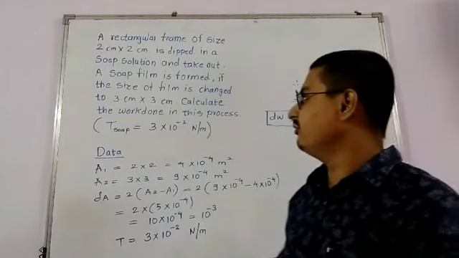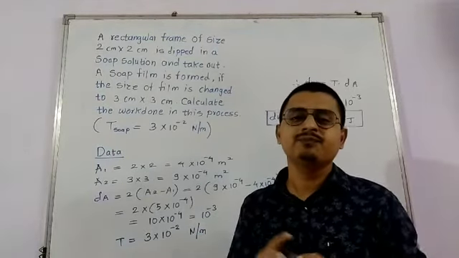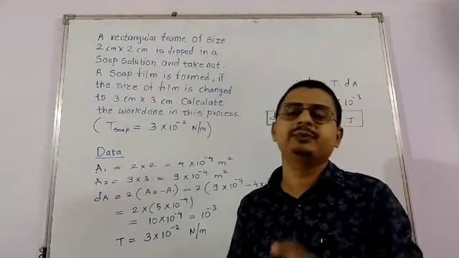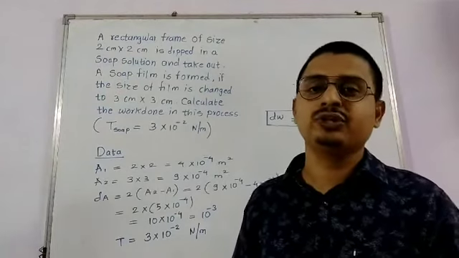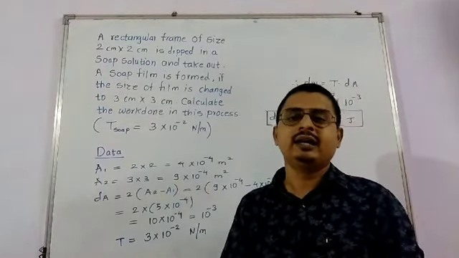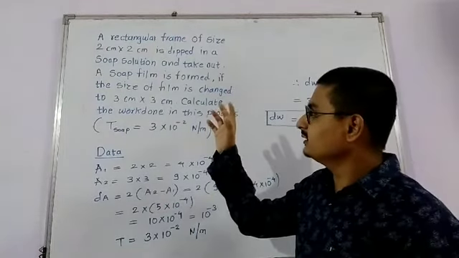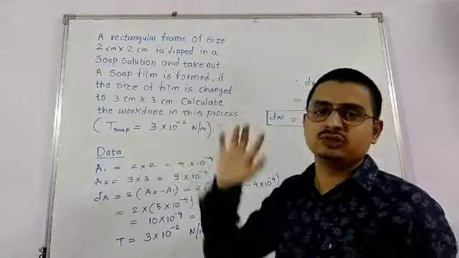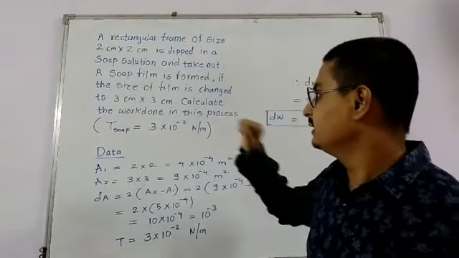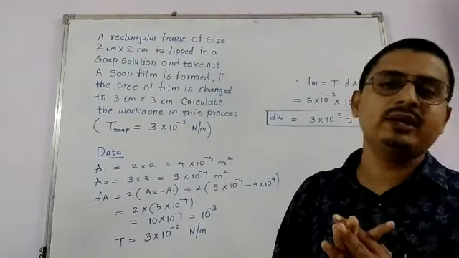If the size of the film is changed to 3 centimeter into 3 centimeter, that means when the 2 centimeter by 2 centimeter rectangular frame is dipped in the soap solution, there is an increment in the surface area, that is 3 into 3 centimeter. And the surface tension of the soap solution is 3 into 10 power minus 2 Newton per meter. They are asking to calculate the work done in this process, that is, how much work is done in this expansion.